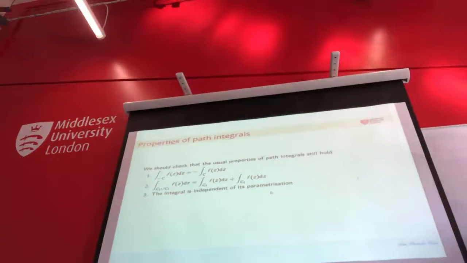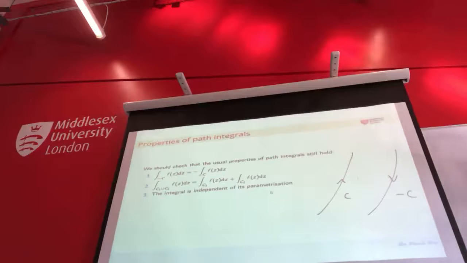Okay, so for example, if that's c, heading that way, this is minus c, heading in the opposite direction. So it just means if we swap all the limits of the integral, then the sign changes. So you have to swap the intervals; instead of p of t, you look at p of minus t, or something like that.